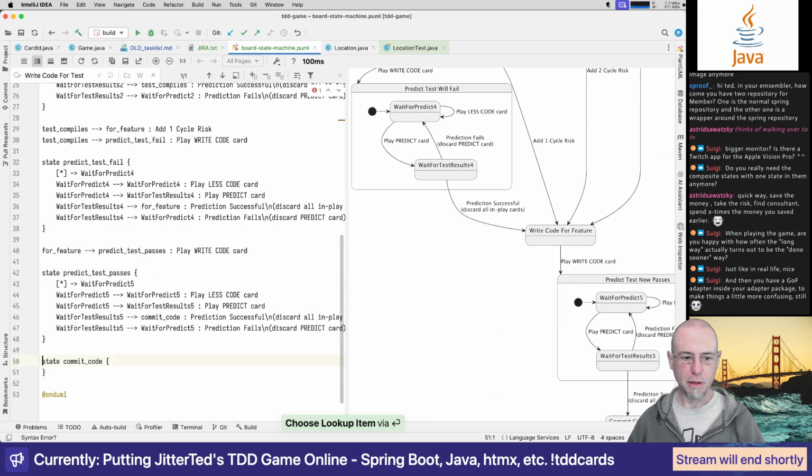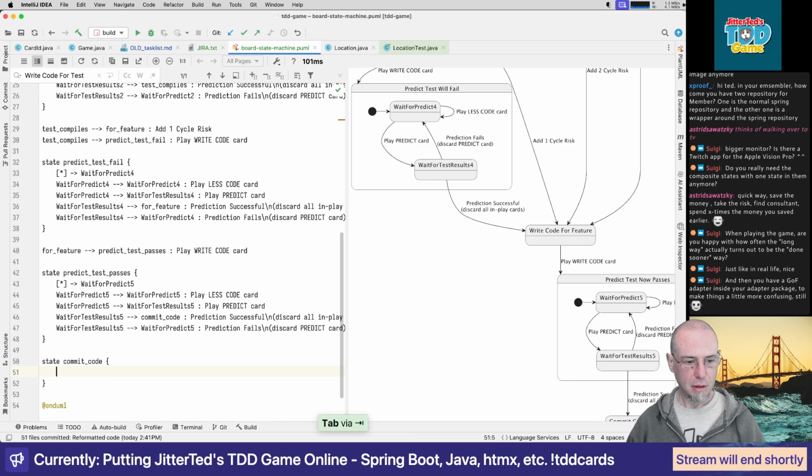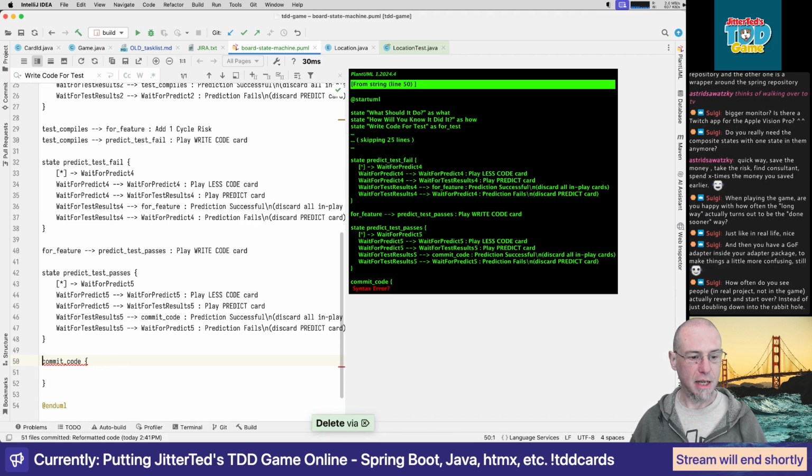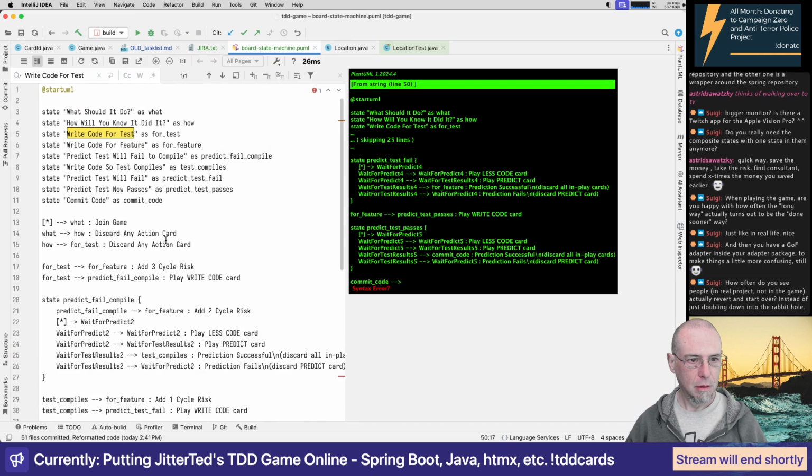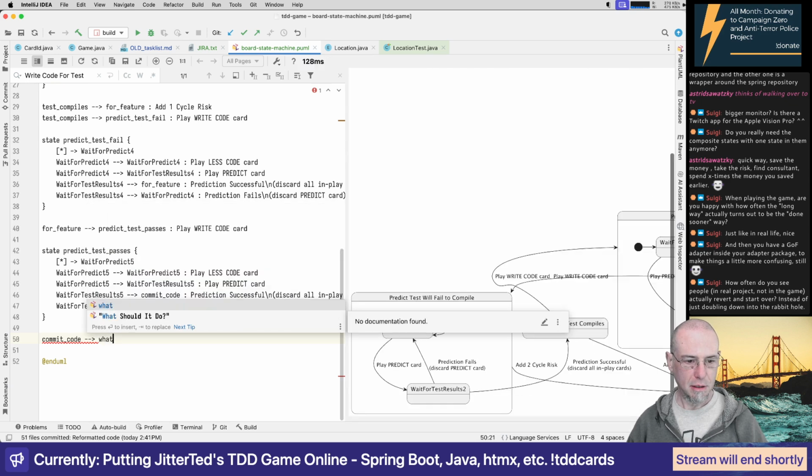This has some internal states. Actually, no, this does not have any external states. This has a choice that's made. Back to what?